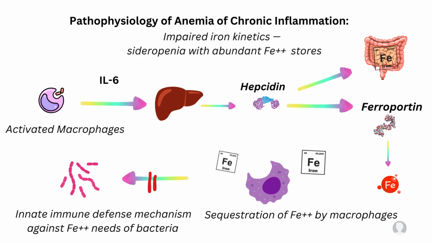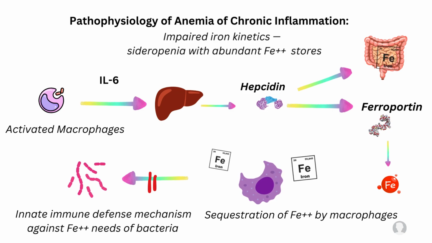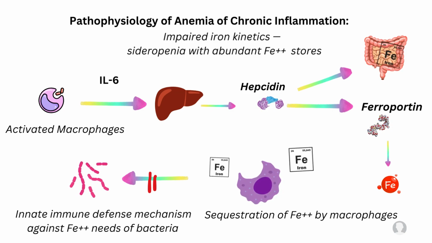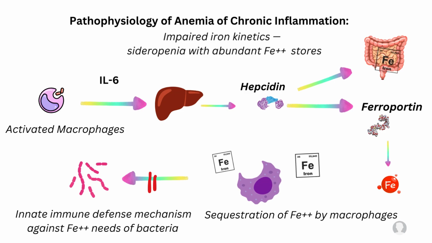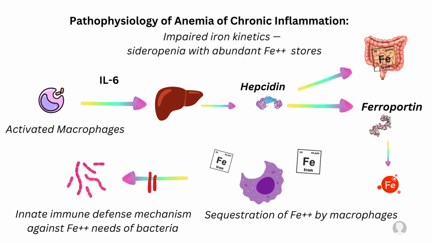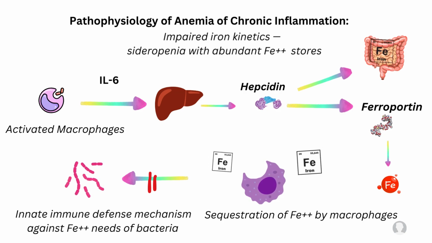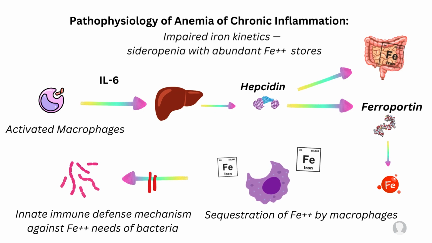Activated macrophages signal an inflammatory response with interleukin 6, one of the acute phase reactants. Hepcidin is a hormone produced by the liver to regulate iron release of intestinal macrophages and hepatocytes. Hepcidin degrades ferroportin, which exports iron from intestinal cells to the blood.